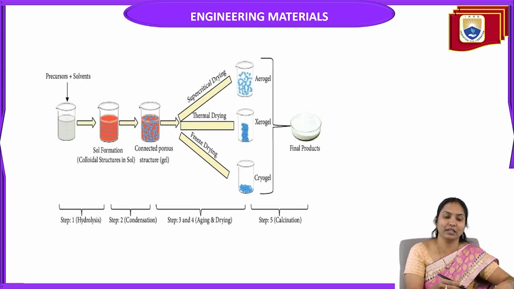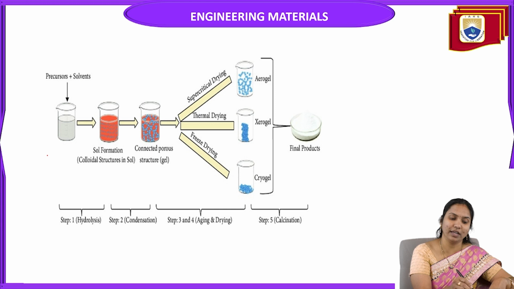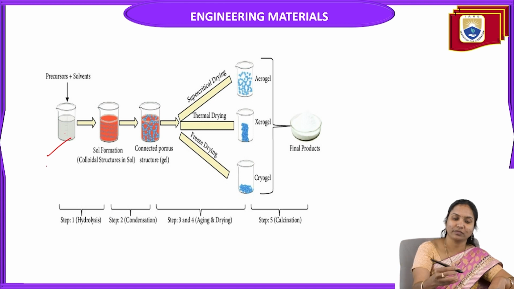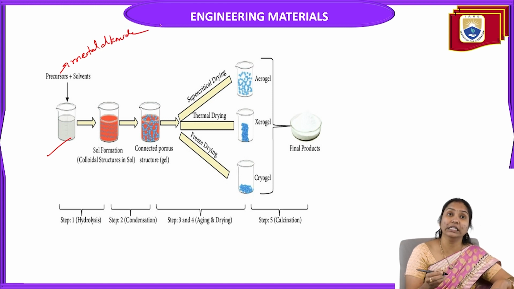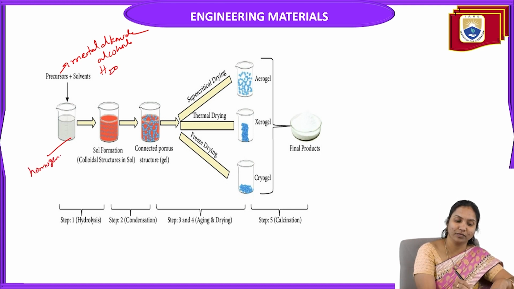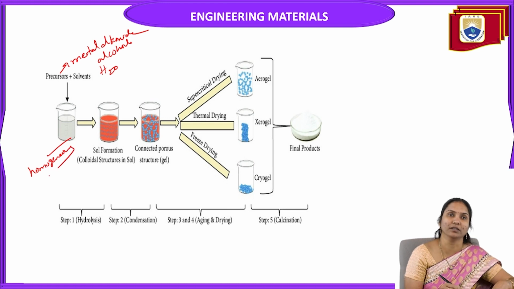In this picture, it is clearly shown. First, we are taking in this beaker metal alkoxide, the precursor. Metal alkoxide is dissolved in alcohol. Then we are adding water. It is a homogeneous system.